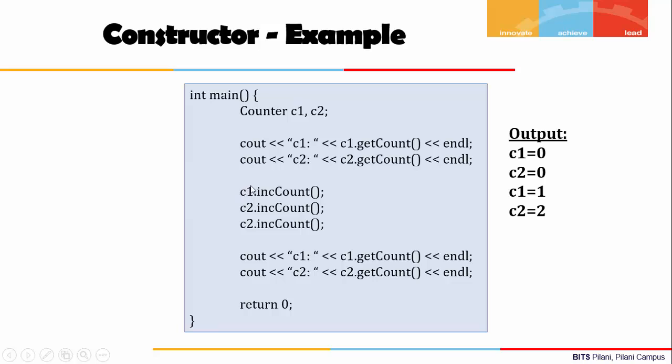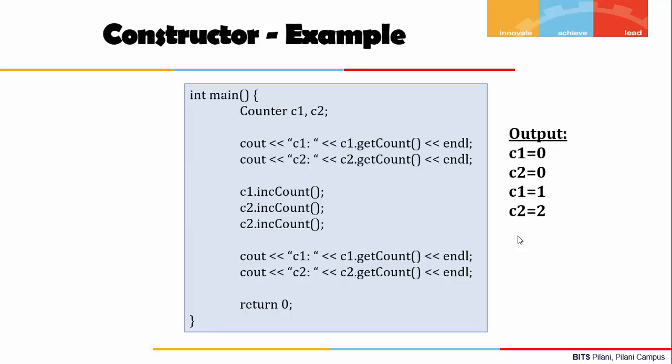The variable inside the C1 object is incremented by 1. So C1 will become 1 and C2 is incremented 2 times. So it becomes 2. So this is how we can use a constructor to initialize the variables automatically.